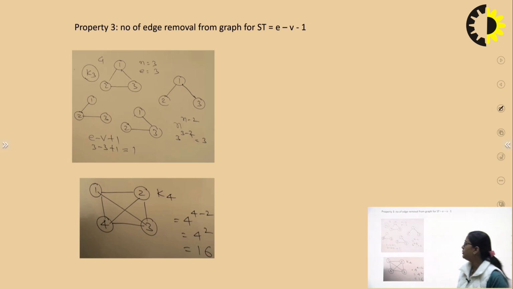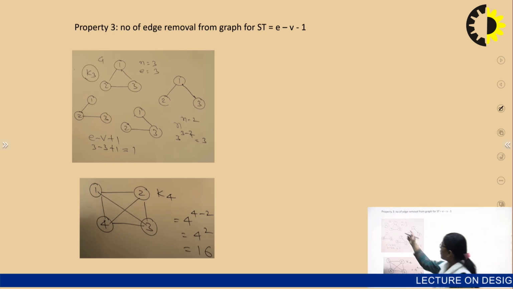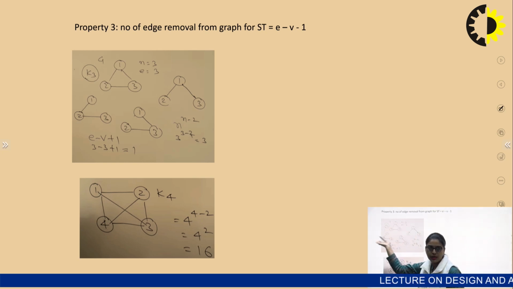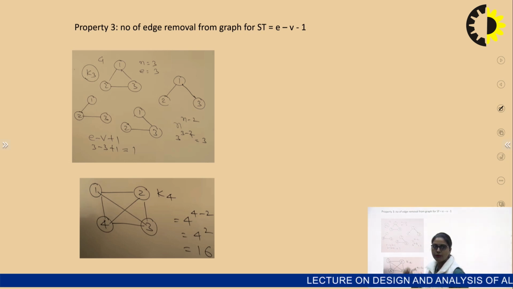Next is property number 3, the number of edges to remove from a graph to get a spanning tree, which is E minus V plus 1. That means for any graph, as I am taking K3, K4, you can take K5 also.